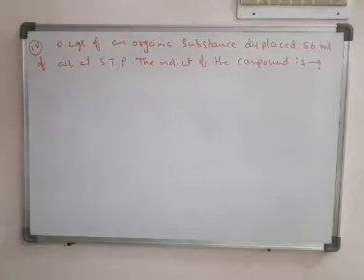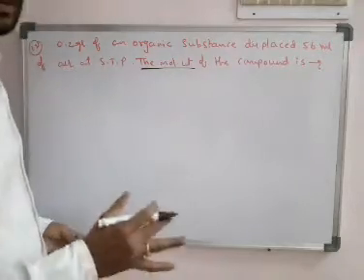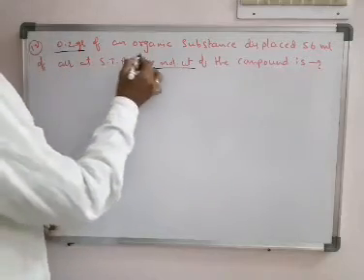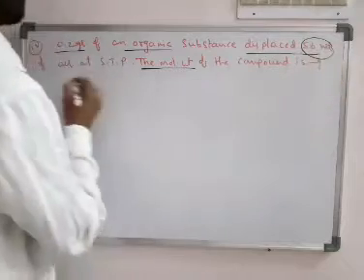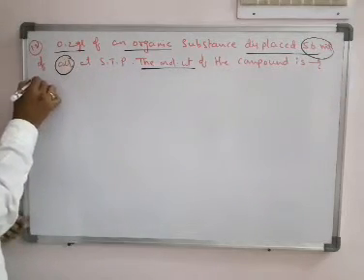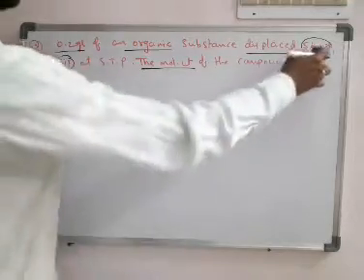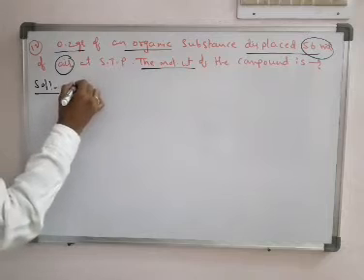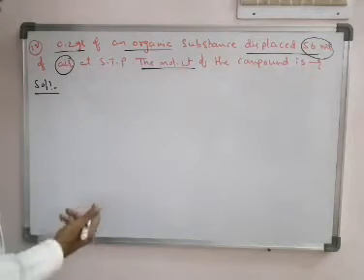Here again the problem is to calculate the molecular weight with the help of given information. The information given is that 0.2 grams of the organic substance displaces 56 milliliters of air. So it indicates that 56 milliliters is occupied by 0.2 gram of the compound. We have to know the mass of 22,400 milliliters.